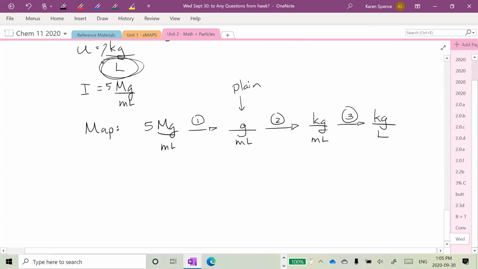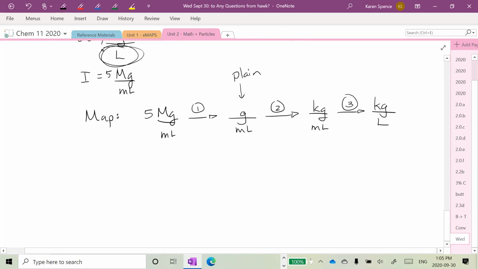All right. So we are now going to do this whole thing. Now you could write down all your conversion factors. I'm going to try this one without doing it just to show you that you can do it without always writing down every conversion factor. So let's say we have our unknown is equal to our initial times 3 conversion factors.